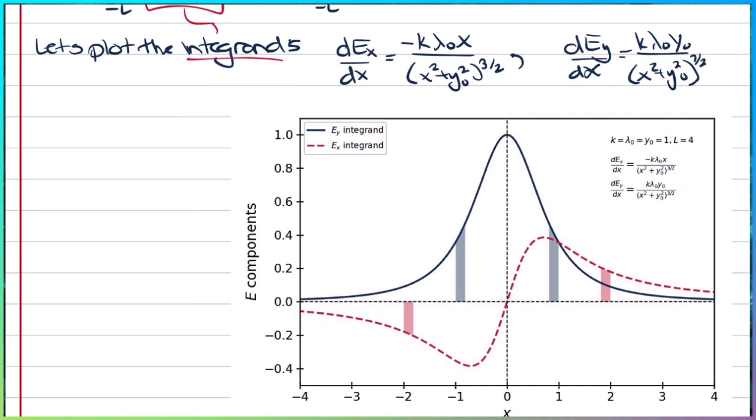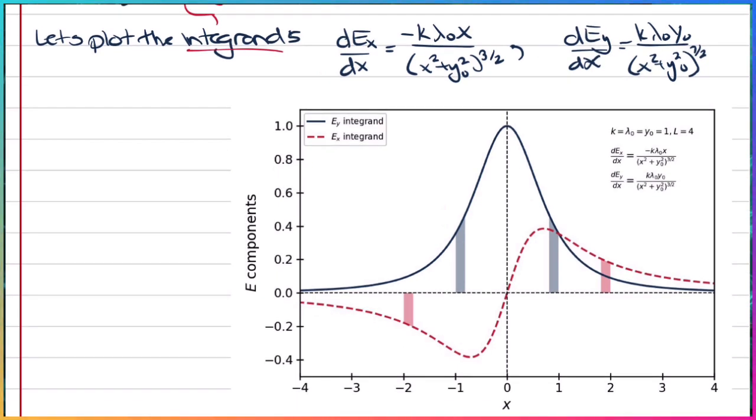So the blue line is E sub y, and the red dashed line, in case color doesn't come out for you, the dashed line is E sub x. There are two properties that you might notice immediately. They do have a particular symmetry, and I assume you've used these terms before in a math course.